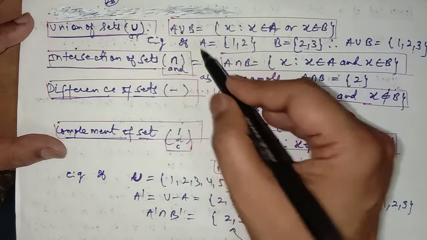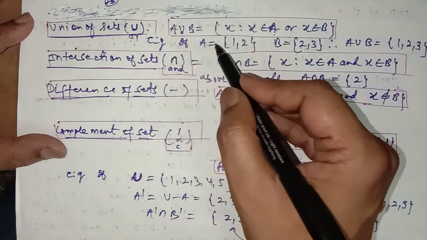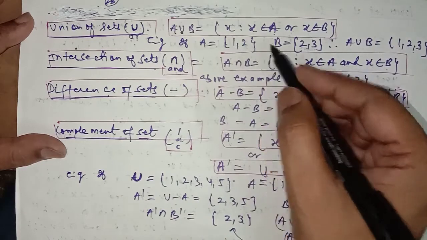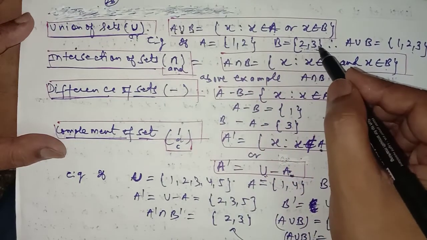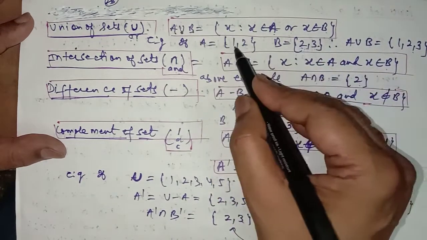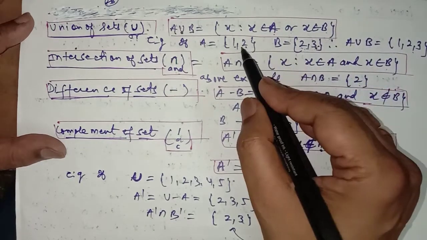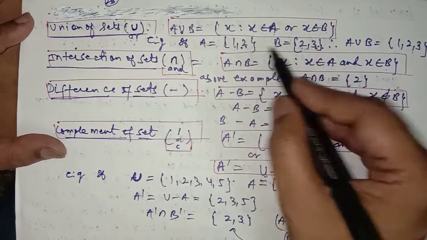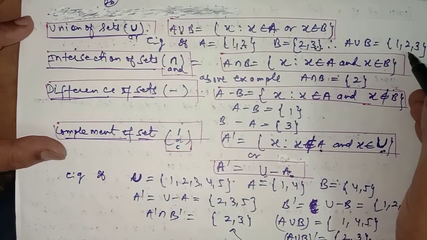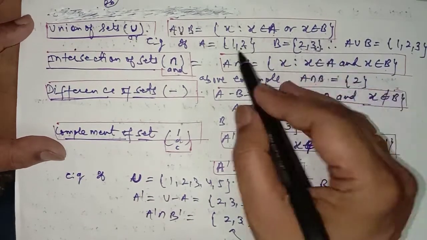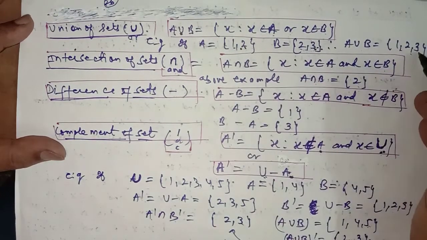For example, if we have a set A containing the elements 1, 2, and set B having the elements 2, 3, then A union B will be 1, 2, 3, either in A or in B. This 2 is repeating in both, so you have to write this element only once. Or we can say it is the total elements of A and B: 1, 2, 3.